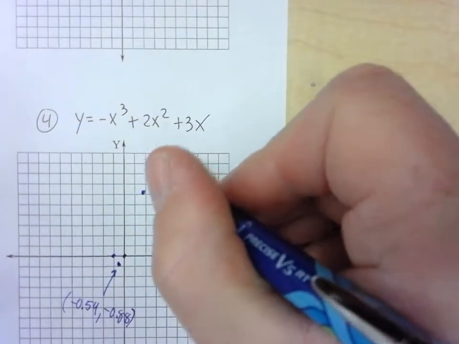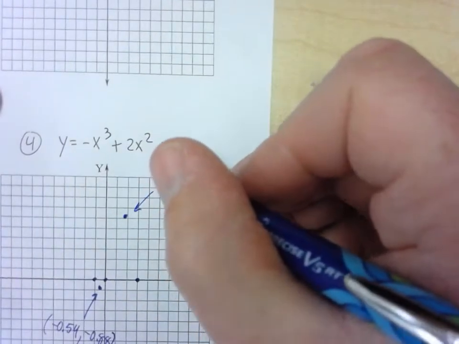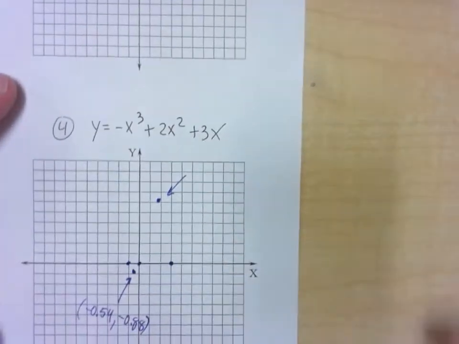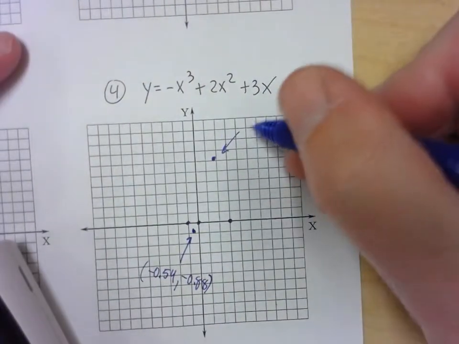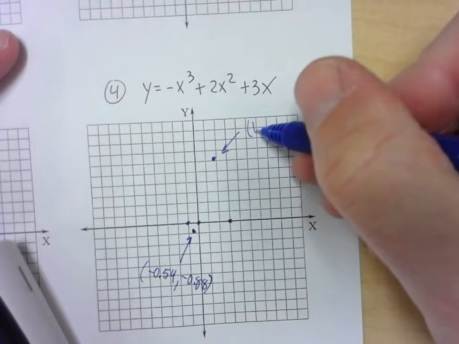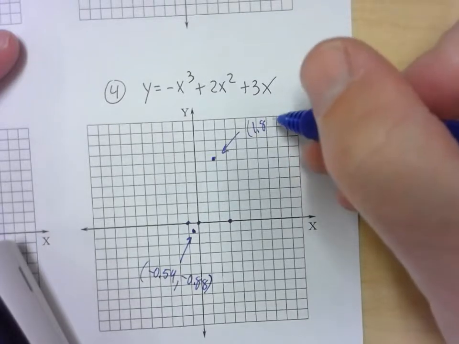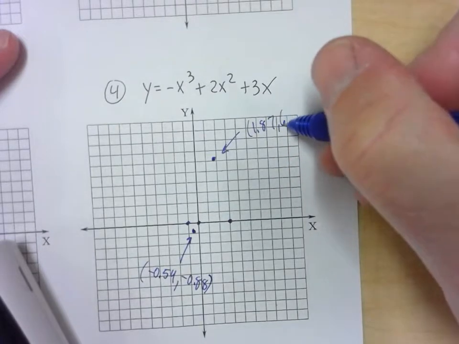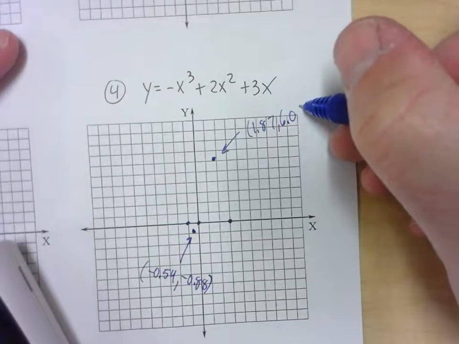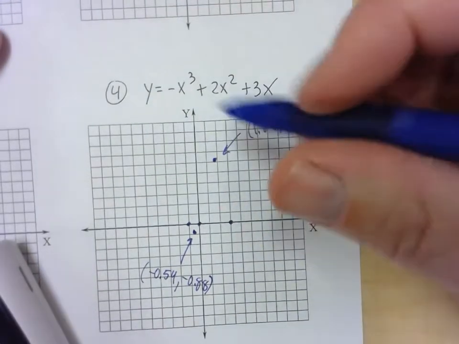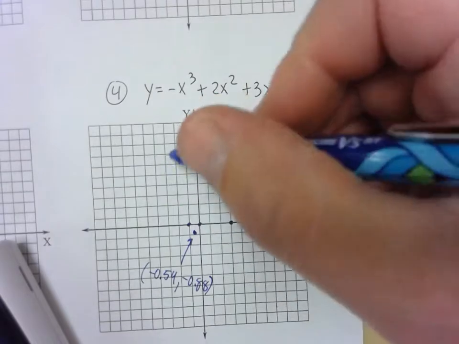Okay, so I'll put an arrow and point to that. That would be the point. That'll be the point: 1.87, comma 6.06.